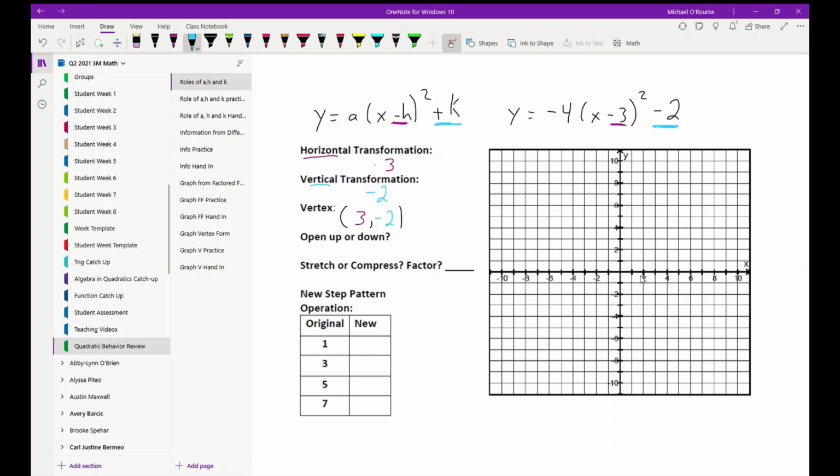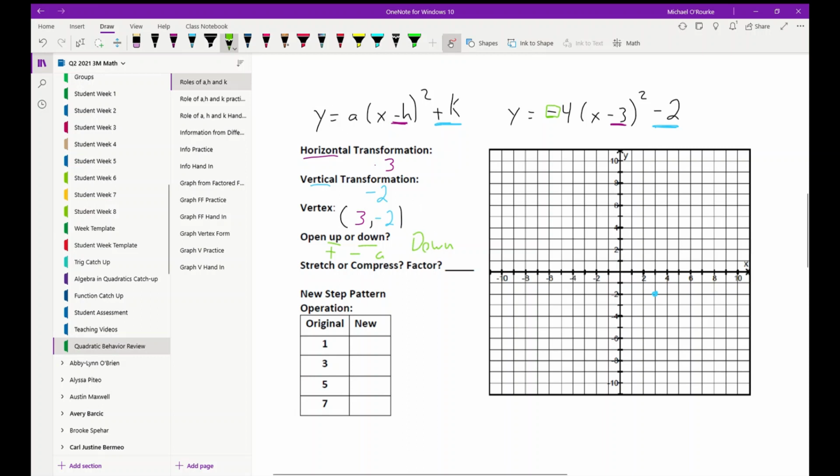And we could graph it here. We go 3 and there's my vertex, so that's where it's going to be. Now looking at if it goes up or down, I'm looking for a plus or a minus with my a value. Right here we have a minus, so that means it's going to go down.